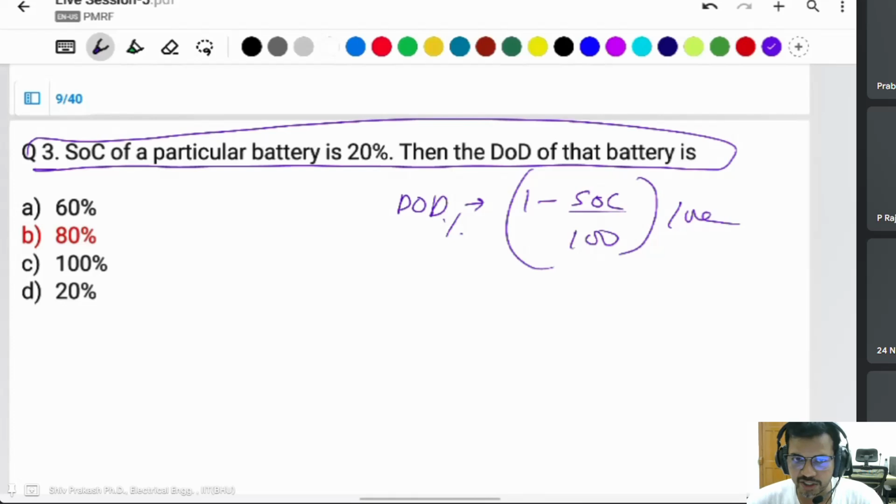But the actual DOD is how much of its capacity you can discharge a battery.